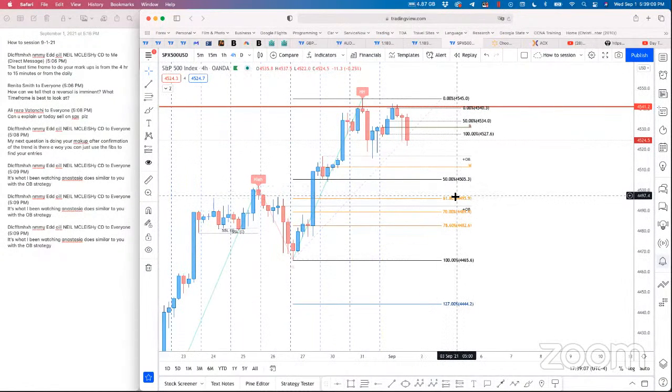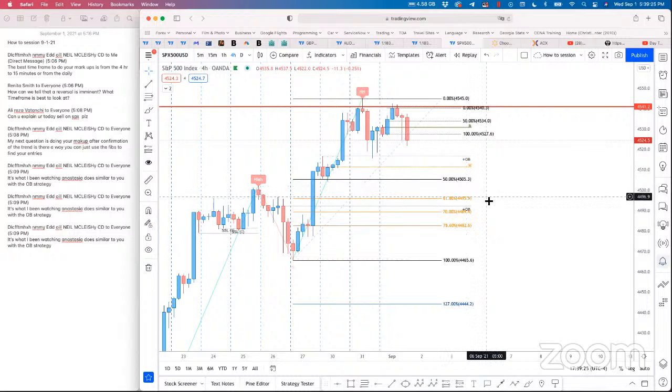Again, I gotta see price come down into this area between 618 and 786 before I take the trade. We could see it happen off the 50, but I want to see price trade down to these levels.